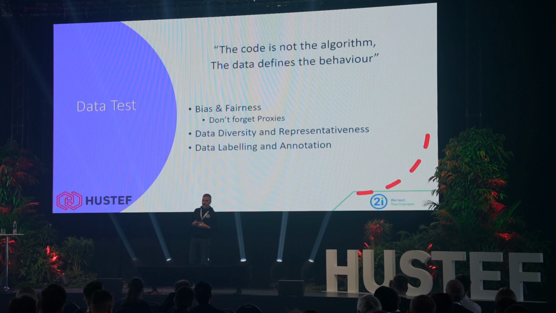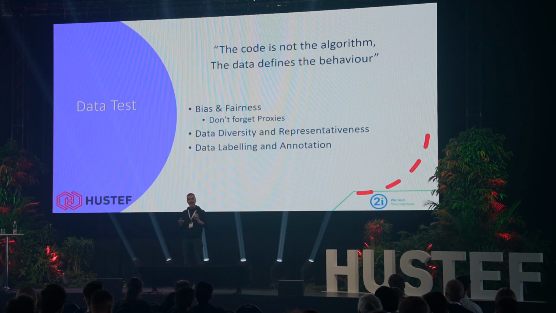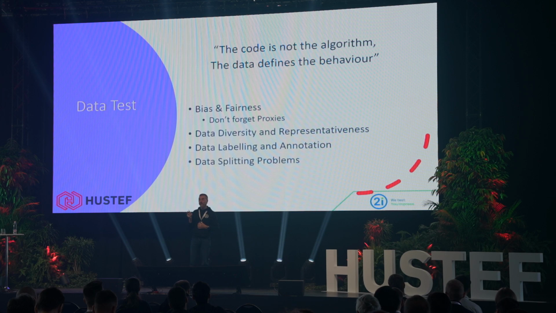Also, part of the process is actually labeling, annotating the data, so putting it into categories. If those categories are too granular or not granular enough, that causes severe problems with the categorization of the data. And so you get the wrong answers out. And then data splitting. It's usual to take a massive data set and then use 80% of it for training data and 20% for the testing data.